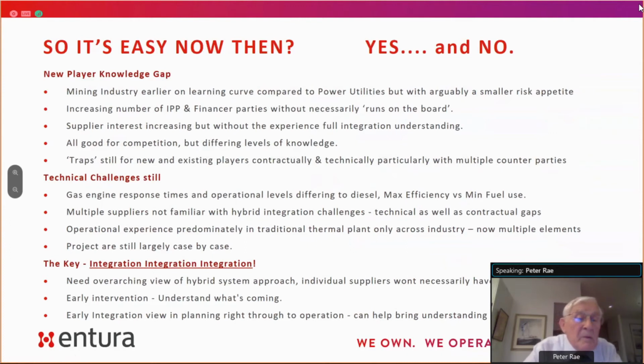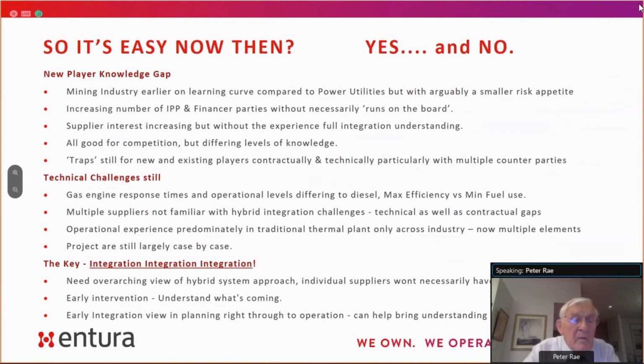Now, multiple elements. Projects are still largely case by case. The key integration is what Ray Massey is suggesting, and there are probably few people with a better understanding of what's happening in this field than Ray Massey. So I think we can take what he's saying as a very objective assessment of the situation and what is required.